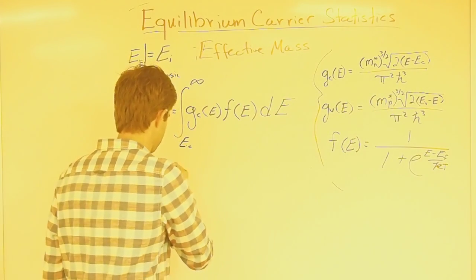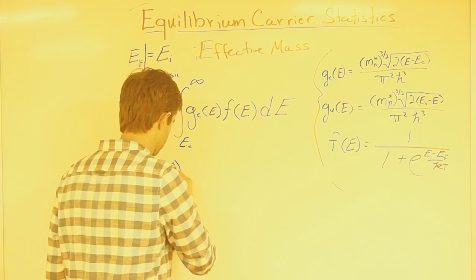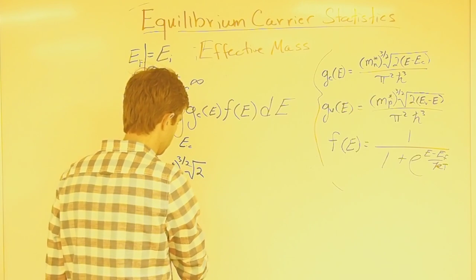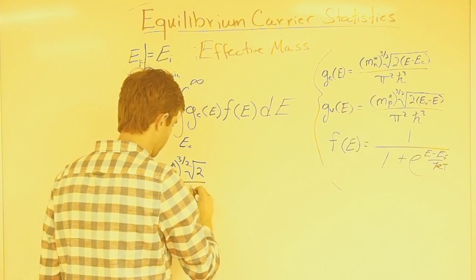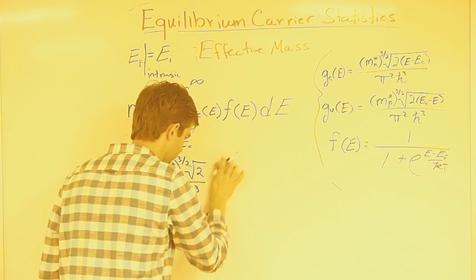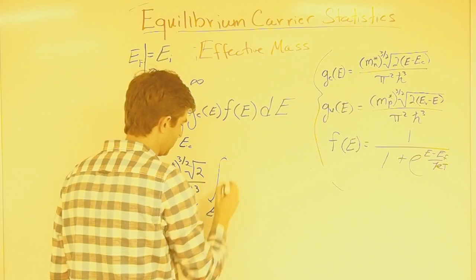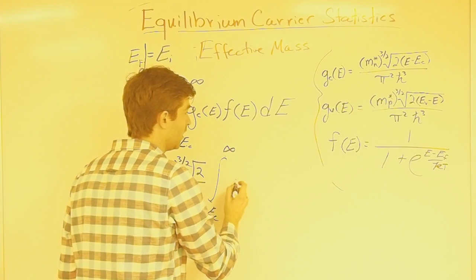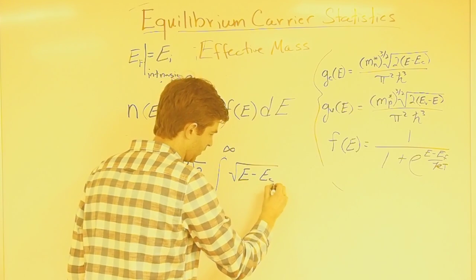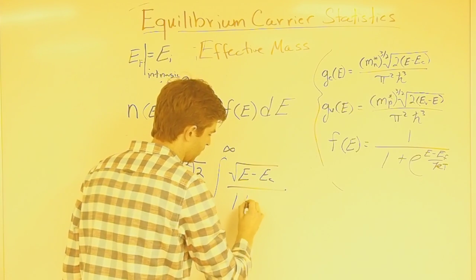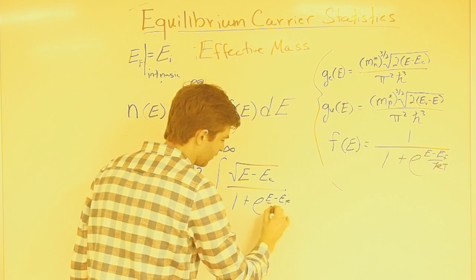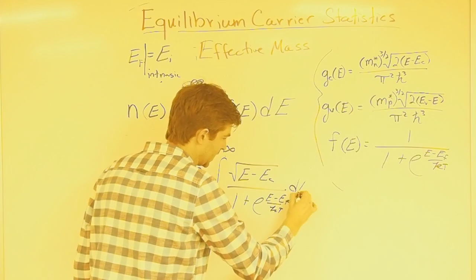We're going to pull out m*^(3/2) times root 2 over pi squared h-bar cubed, and integrate from EC to infinity of root of E minus EC over 1 plus e to the (E minus EF) over kT, dE.